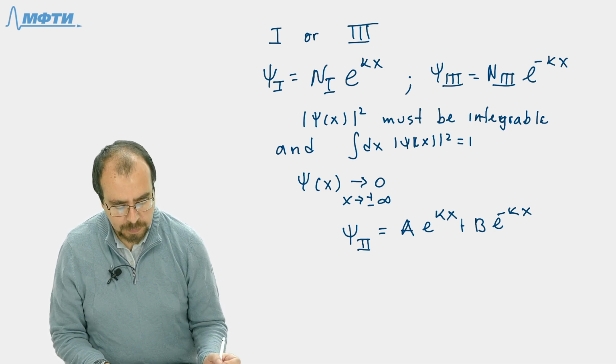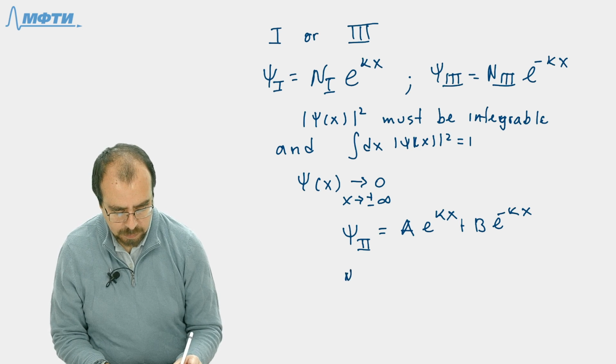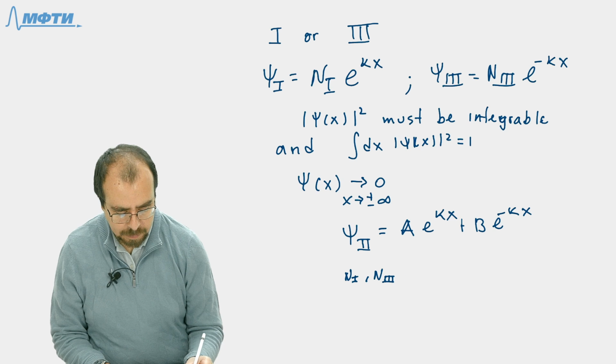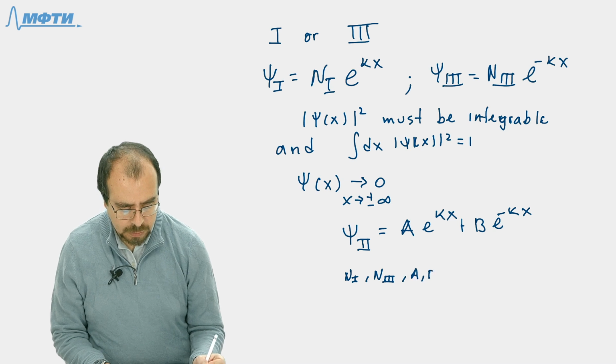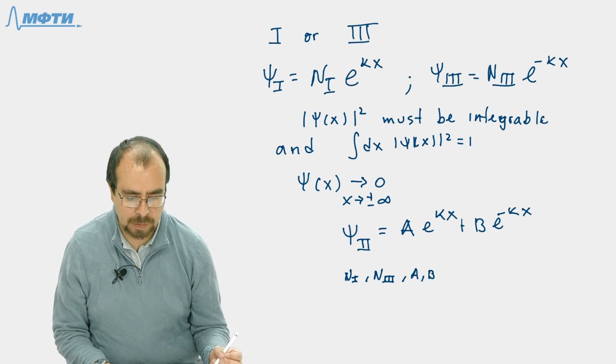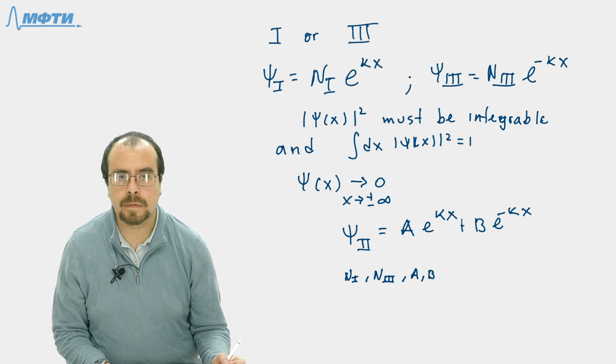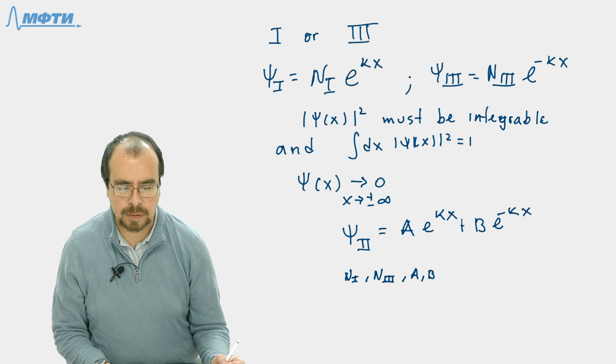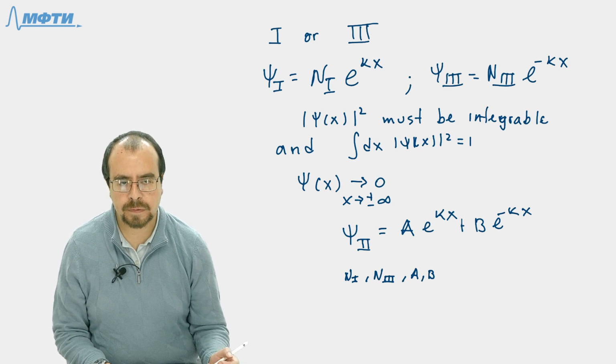To obtain these constants n1, n3, a and b, we need to apply the conditions for the continuity of the wave function and the discontinuity of the derivative in the borders of these regions.